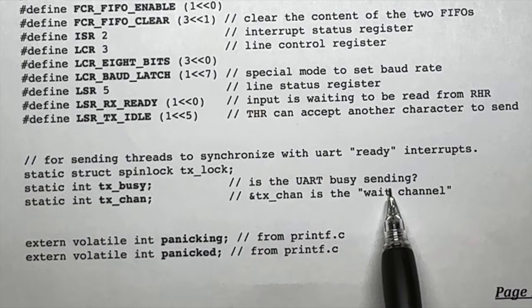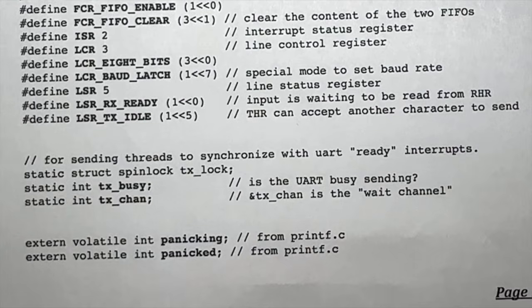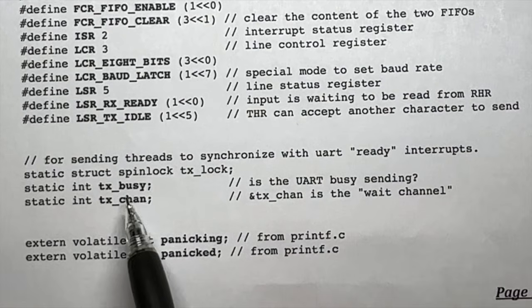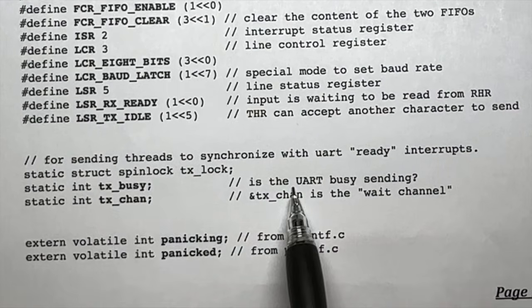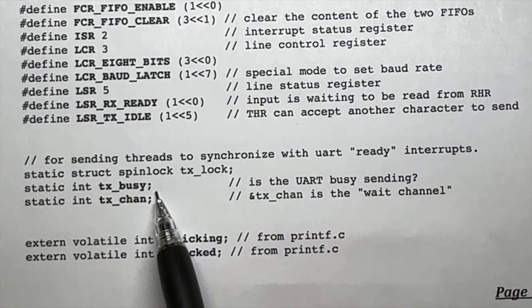Then the sending process needs to wait before sending the next byte. Later, when the UART becomes ready to accept the next byte, it'll cause an interrupt, and the interrupt handler will clear the txBusy flag and wake up whatever process is waiting to send more bytes. xv6 uses the sleep and wake up functions to control this, and I'm assuming you watched my video on those and know all about them.